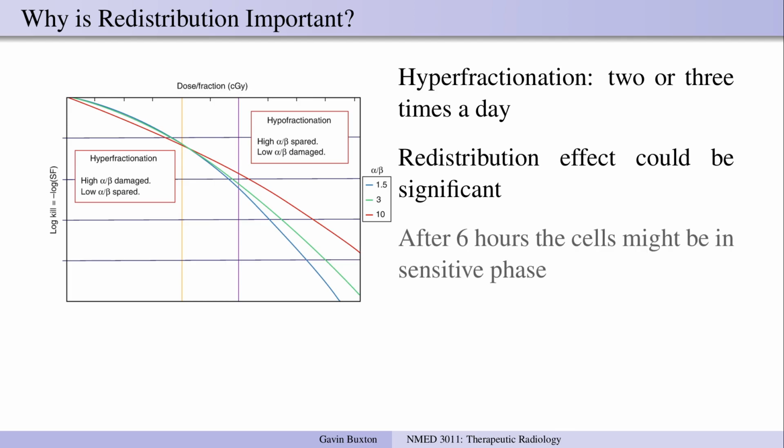And if you time it right, then you can hit it with the next dose of radiation when more cells are in the sensitive phase of the cell cycle. Now, despite lots of experiments on animals, we still haven't found a way of taking advantage of this cell cycle effect. But it is a really neat idea.